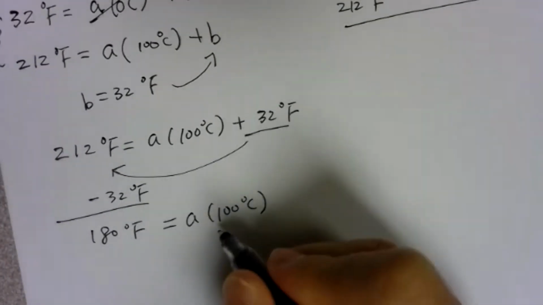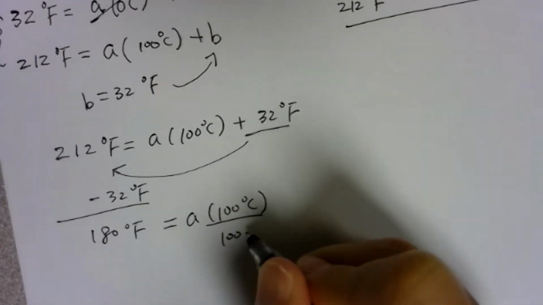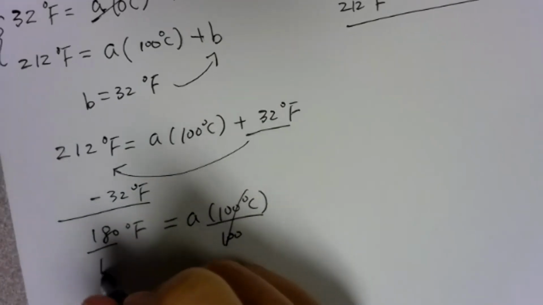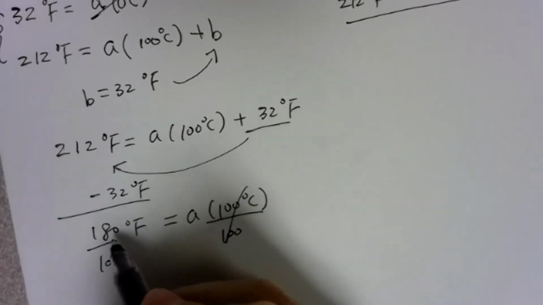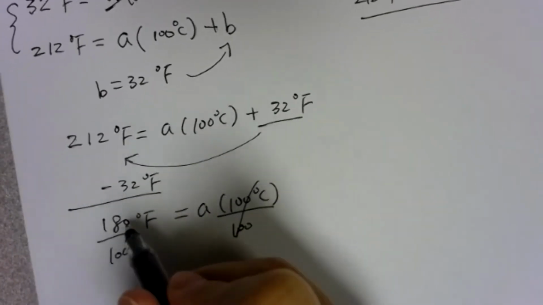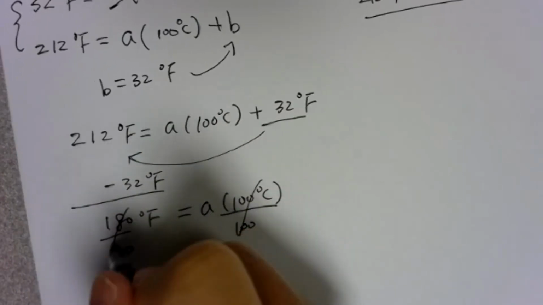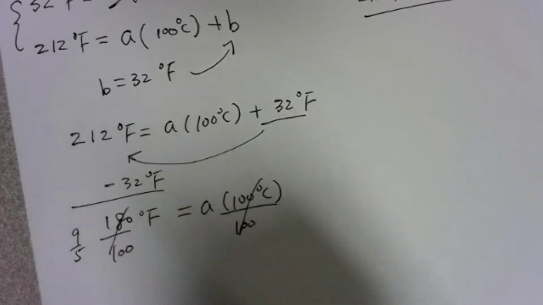All right. Solving for A, you divide both sides by 100, right? Divide by 100, divide by 100. Okay. So this then will give you the common factor here will be 20. So that gives you 9/5. Okay.